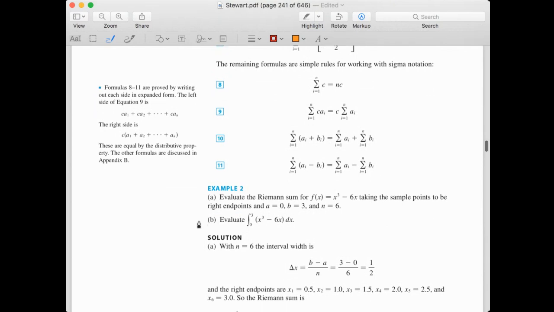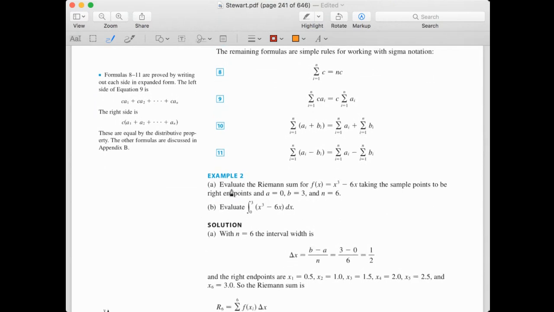Let's see this example, Example 2. Evaluate the Riemann sum for f of x equals x cubed minus 6x. So this is a function. Take the sample point to be the right endpoint, so we evaluate the function at the right endpoint, with a equals 0, b equals 3, and n equals 6.